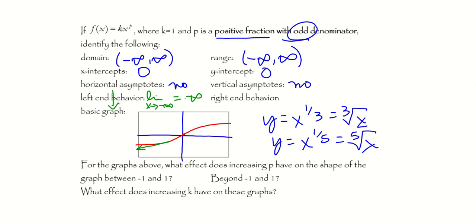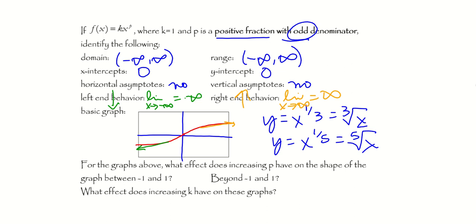So it goes down, slowly, but it continues to go down. Our right end behavior would be our limit as x goes to +infinity, which is +infinity, continuing to climb, though slower and slower.